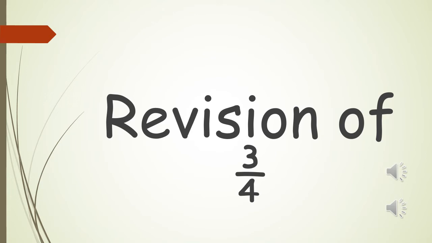So this time, when we share into 4 equal parts, we don't pick 1, we're going to pick 3. And that is what we call 3/4. So it means that when we share it into 4 equal parts, that is the down part, we pick the number on top.